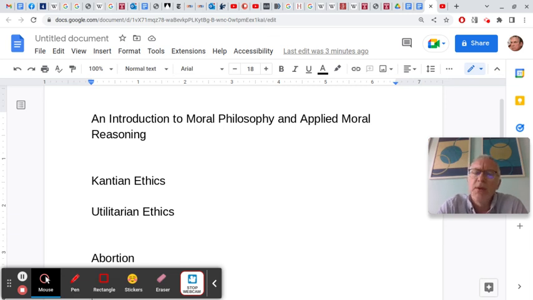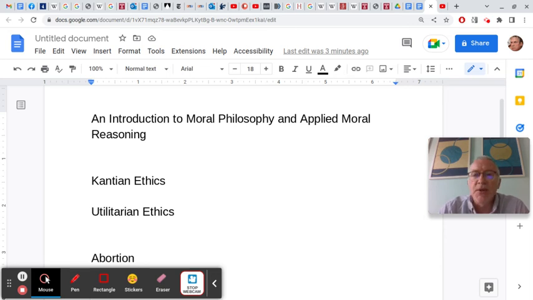My interest is in looking at how an introduction to moral theory, things like Kantian ethics, Utilitarian ethics, the various essays that we'll read on particular topics, abortion and charitable giving, how they may or may not inform us, in terms of helping us to actually resolve moral questions. That's really what moral philosophy is for, I guess.